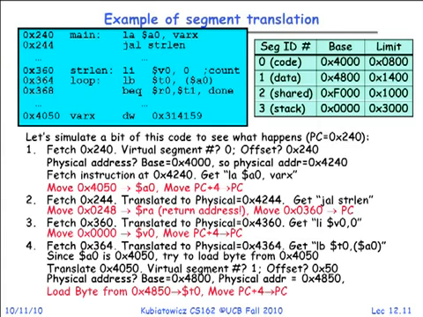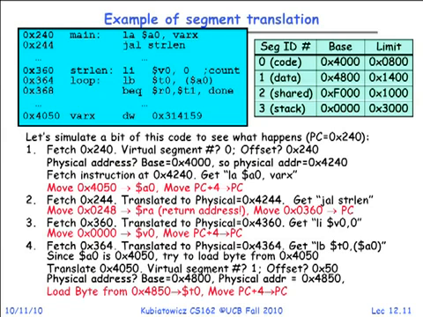So if we fetch 240 hex, what's virtual segment 0? Well, it's base 4000, limit 800. So ignore everything below this. Notice that we're taking virtual segment 0 and looking it up in the table. That gives us base 4000. Is everybody with me on that? With base 4000, the physical address is the 4000 plus our offset, giving us 4240. Now, the question is whether this offset is okay.